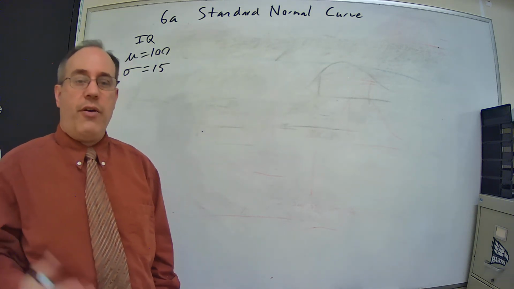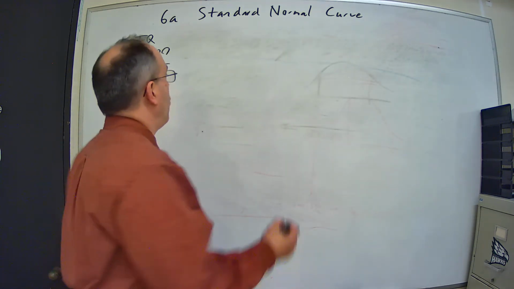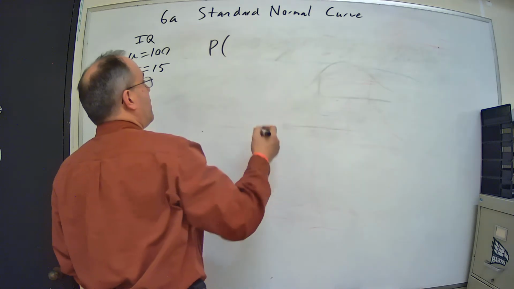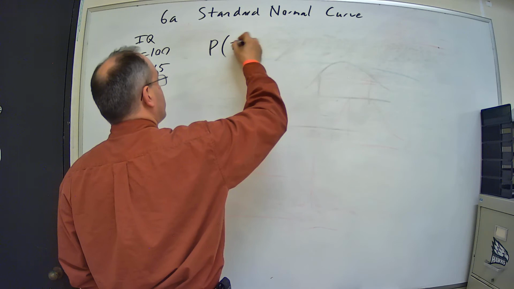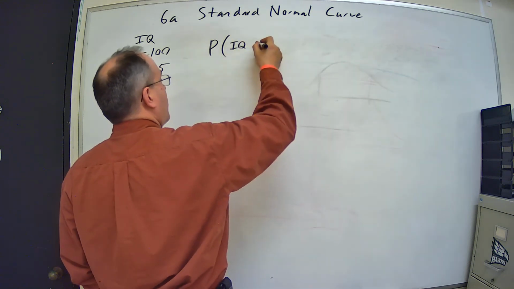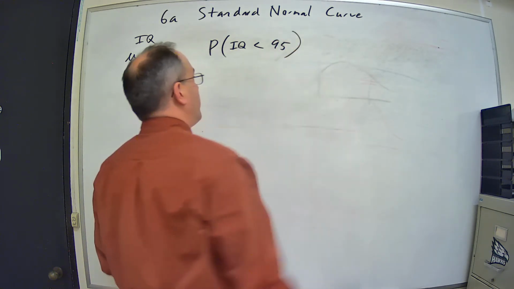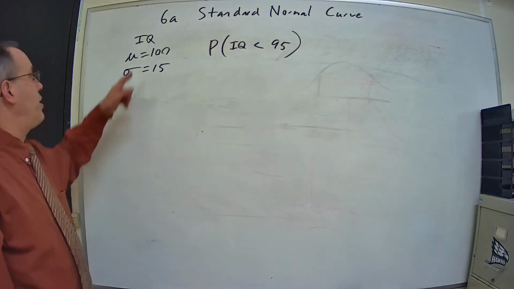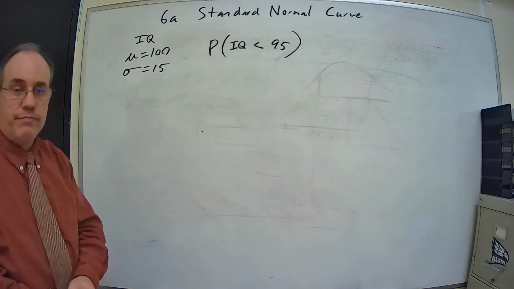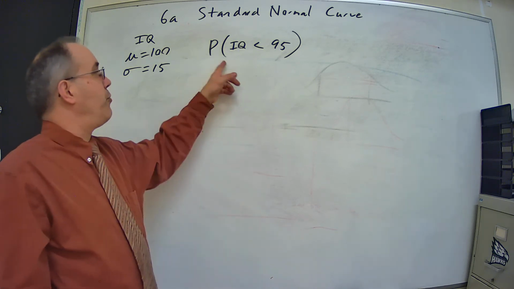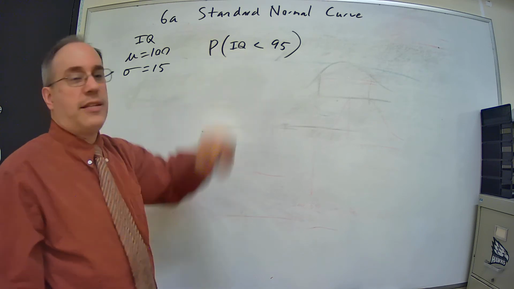And I want to find out if I randomly select a person from the population, what is the probability that their IQ will be less than 95. So we know that the population mean is 100, standard deviation is 15. And I want to find what's the probability that I randomly select a person from the population and their IQ is less than 95.